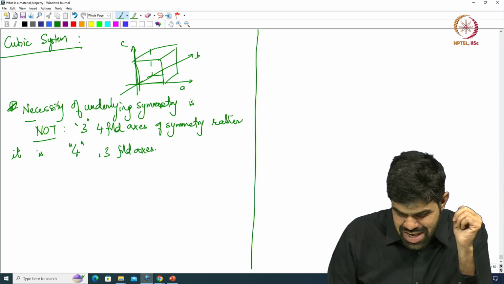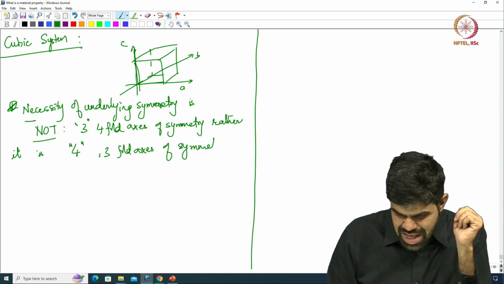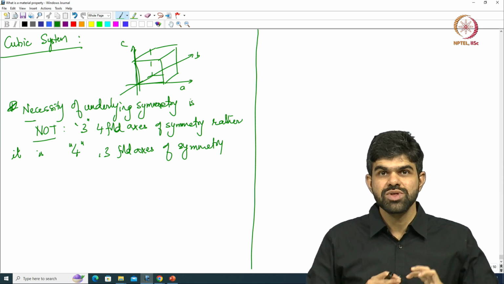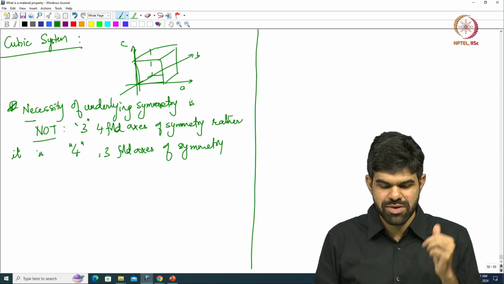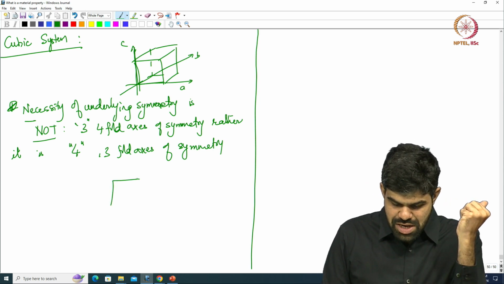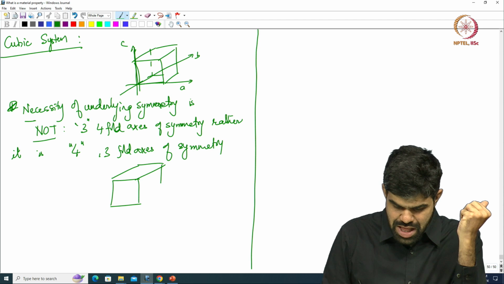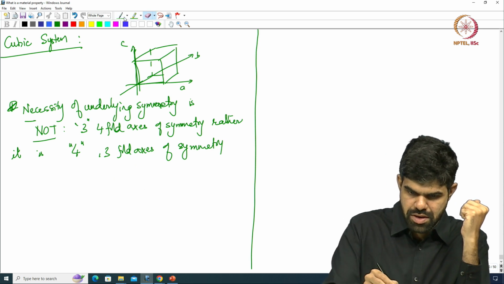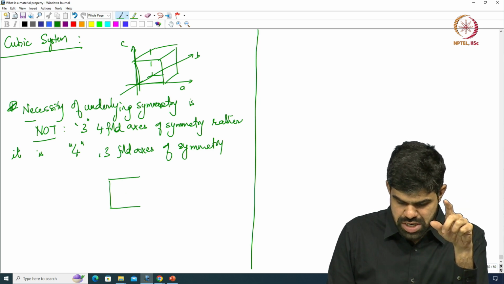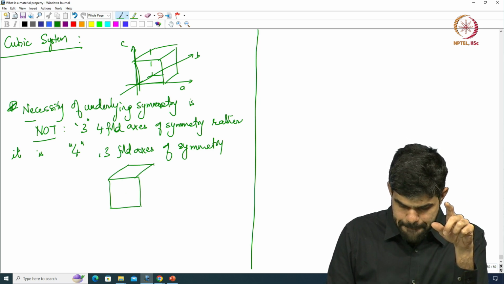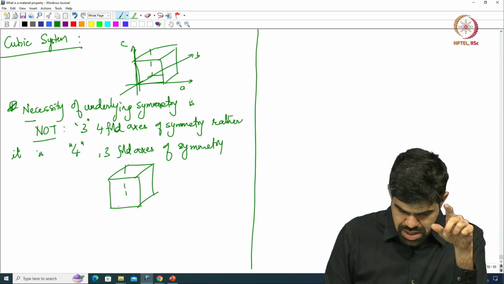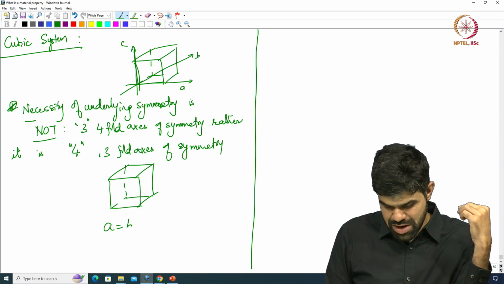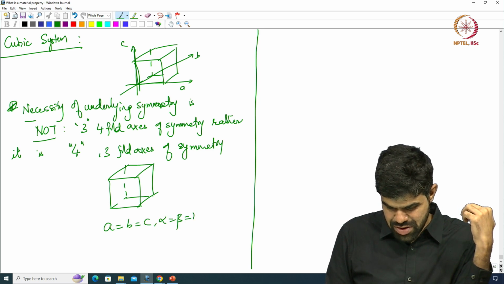Before actually showing you that A equal to B equal to C, alpha equal to beta equal to gamma equal to 90 degrees, it turns out that if you have a cubic unit cell, these threefold axes... Well, I have not yet shown you the constraints in this cube, but you all know of course from other courses that in a cube A equal to B equal to C, alpha equal to beta equal to gamma equal to 90 degrees.